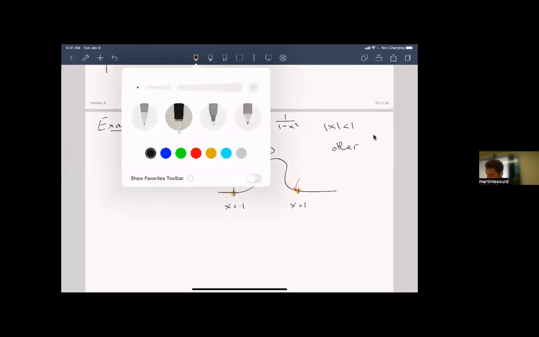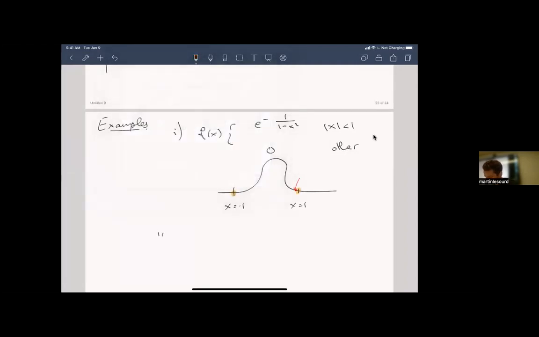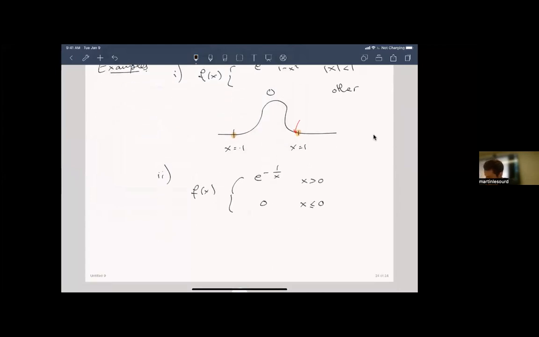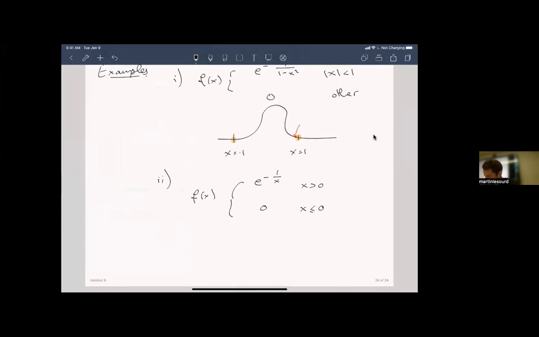Okay, similarly, another example. Okay, this is a function that looks like this.